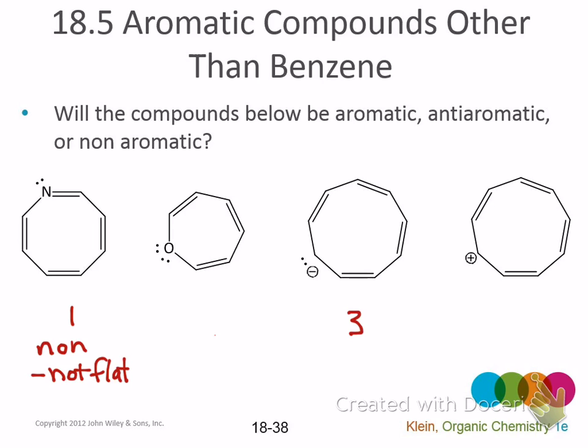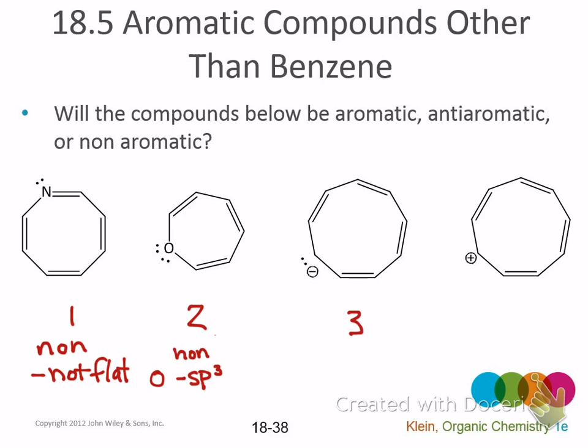Second one, right? This one's also non-aromatic because involving one of the pairs of electrons would make it anti-aromatic, so it won't involve the another pair of electrons. So the oxygen remains sp3 in the system.